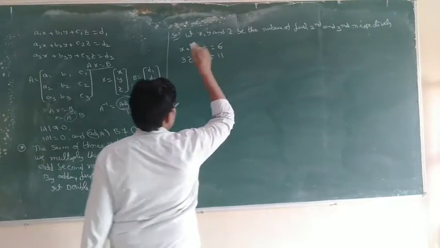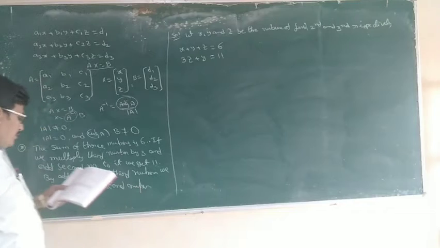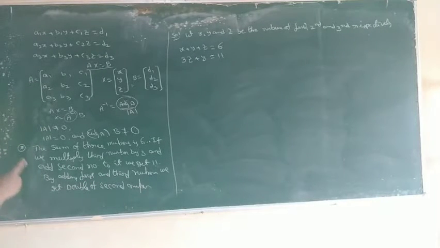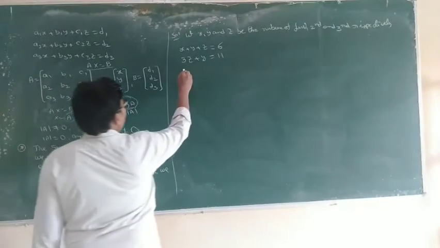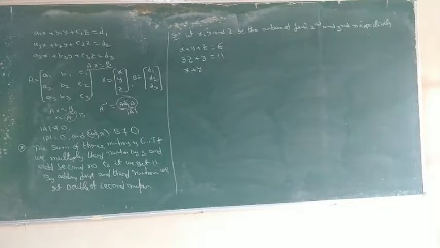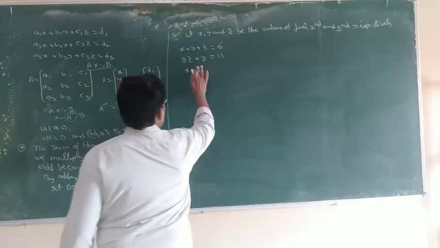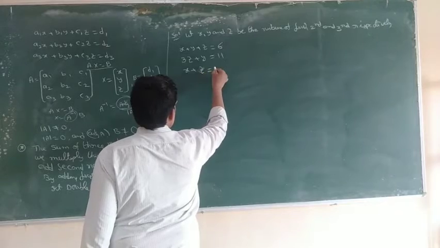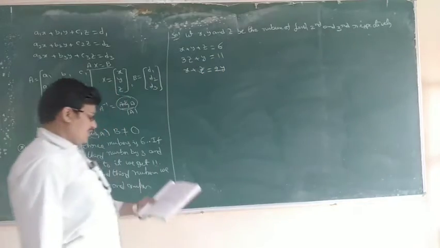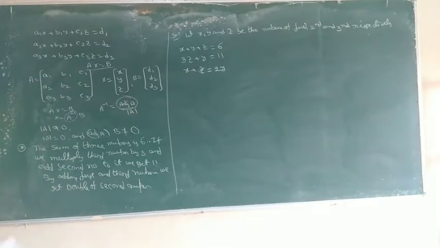Next, the third equation: by adding the first and third numbers, we get double of the second number, 2Y. So X plus Z is equal to 2Y.